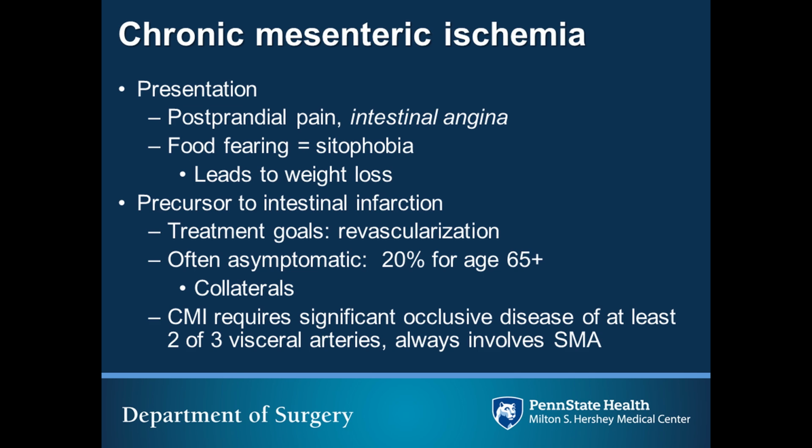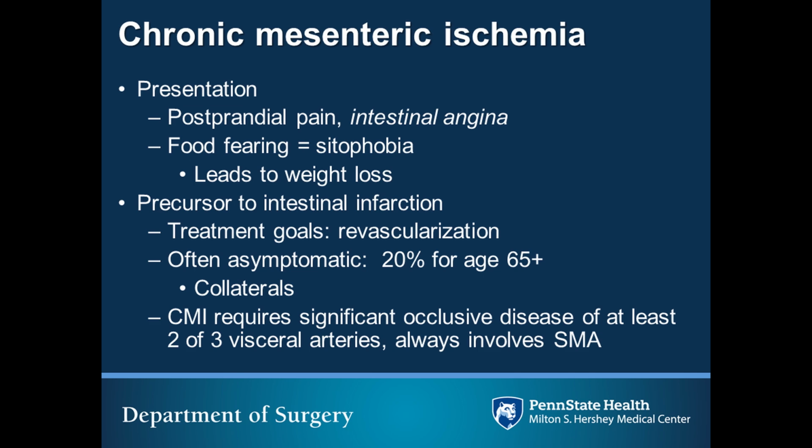The presentation of chronic mesenteric ischemia involves intestinal angina or postprandial pain and food fearing, which can often lead to significant chronic weight loss. Because chronic mesenteric ischemia is considered a precursor to intestinal infarction, just like unstable angina is considered a precursor to myocardial infarction, the treatment goal is revascularization.